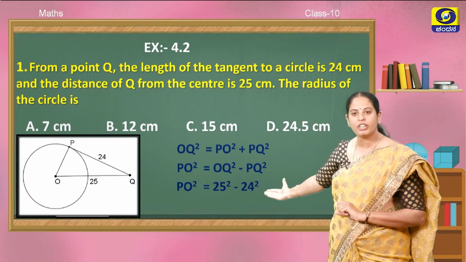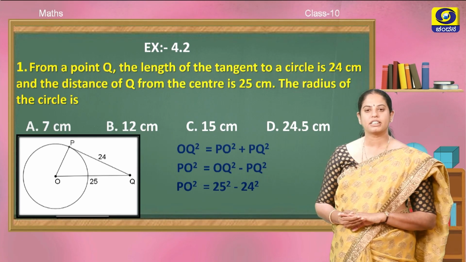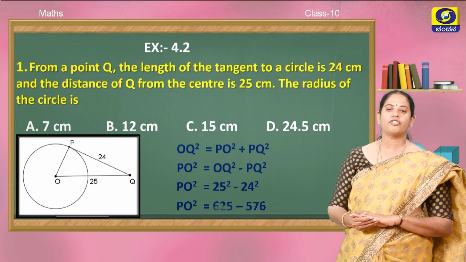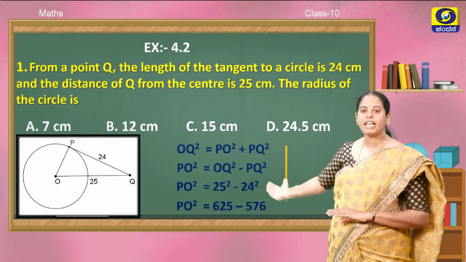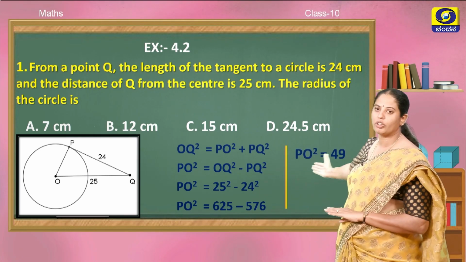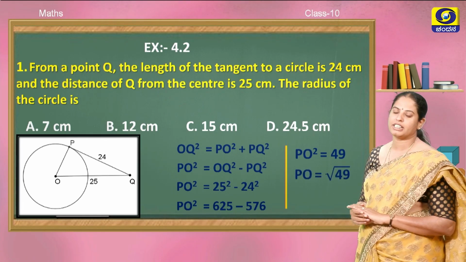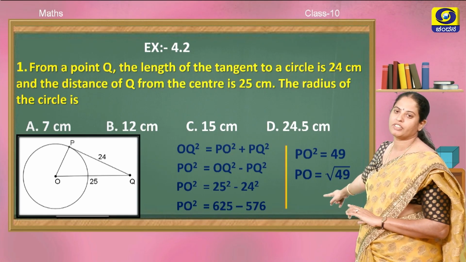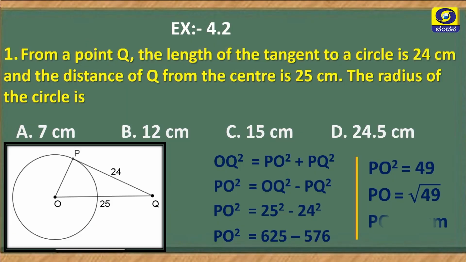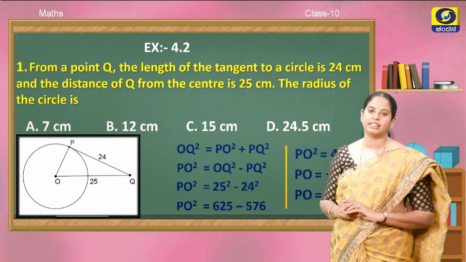It is 25 square minus 24 square. We know 25 square is 625 and 24 square is, yes children, 576. Subtract 576 from 625, you are going to get 49 as PO square. But we need the length of the radius, hence we take square root on both the sides. Taking square root on both the sides, we get PO equals plus 7 because length is expressed in positive units. PO equals 7 centimeter. Option A is the correct answer.